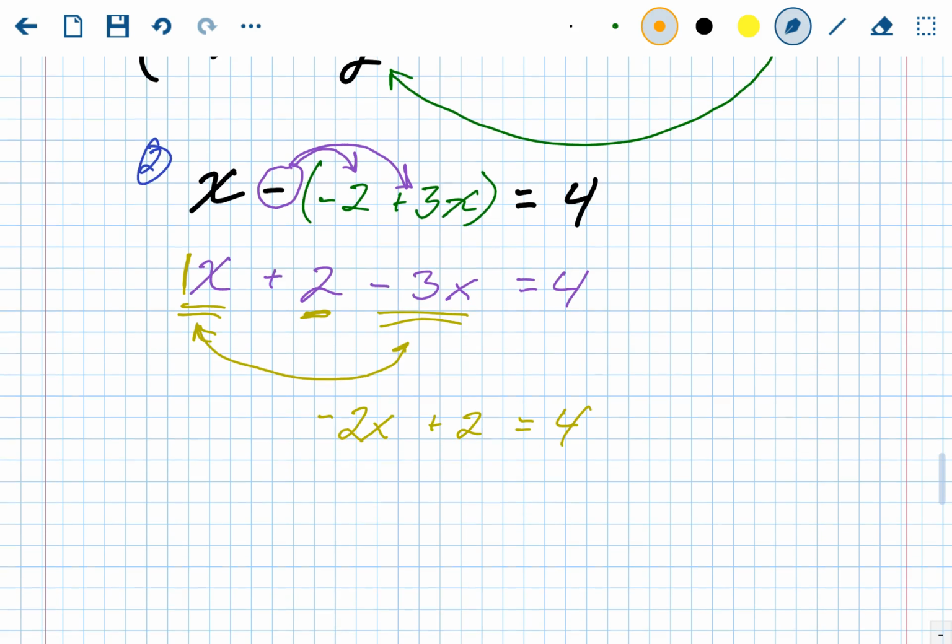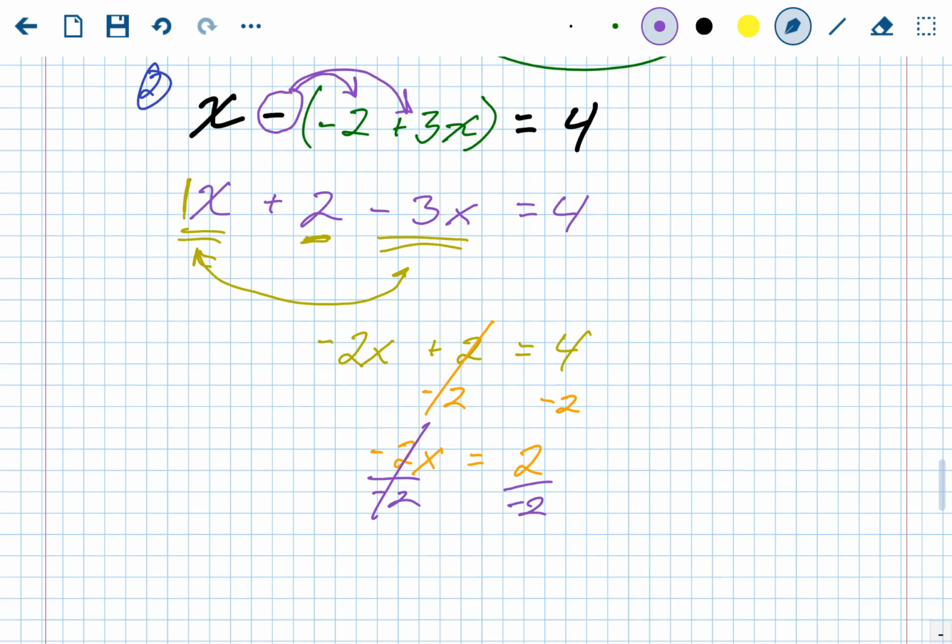So subtract 2, which gives you negative 2x equals 2, and then divide both sides by negative 2. So I now know what one of the variables is: x equals negative 1. Again, not our answer, but we're going to need it to get the rest of our answer. So I put a dotted box. Alright, so now I know what x is.